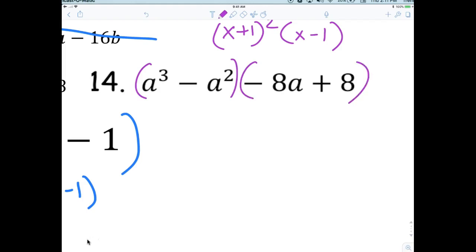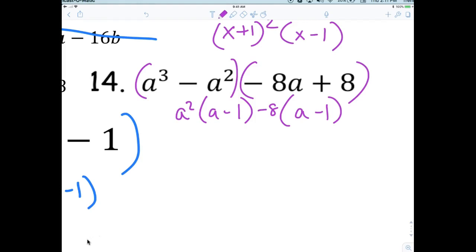What am I factoring out first? A squared, what's left behind? What am I factoring out next? Negative 8, which makes it a minus 1. Is that good? Okay, and now what's common?